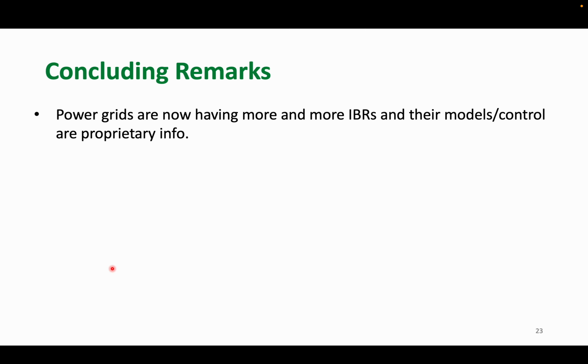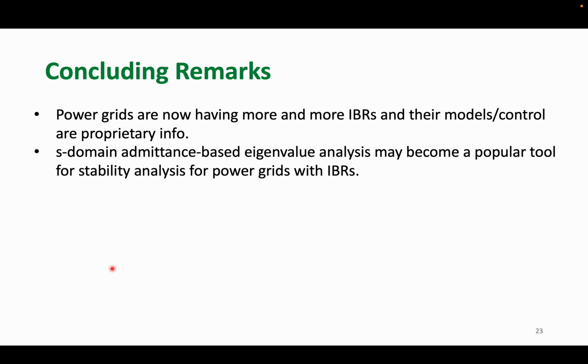The concluding remarks: the power grid is having more and more IBRs, and their models and controls are proprietary information. In this case, how do you work out the eigenvalues, do linear analysis, this type of thing? How do you detect or predict oscillation? You can do admittance-based eigenvalue analysis.